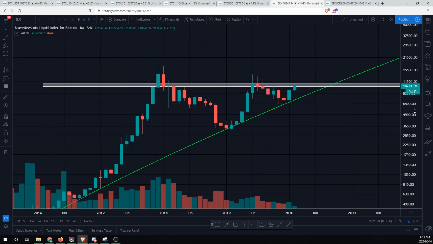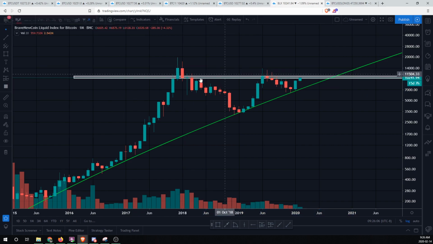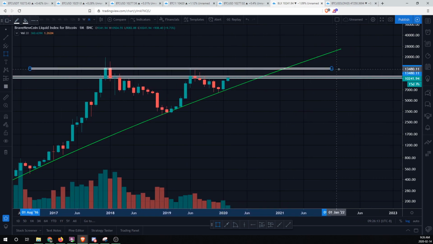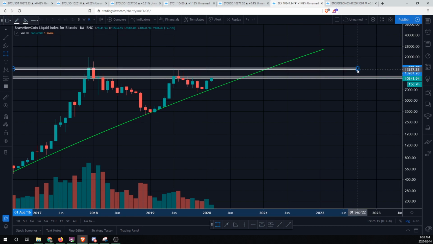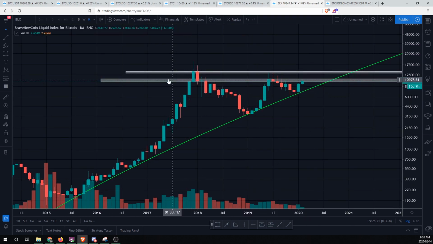So the next one is going to be this zone right here. I'm just going to put the top zone. I have no idea how that even got there. So it's going to be top zone from this point onwards. That's going to be around 14K. That's going to be the final area that we really need to pass in order to see the bulls really take charge. So we got our two zones.